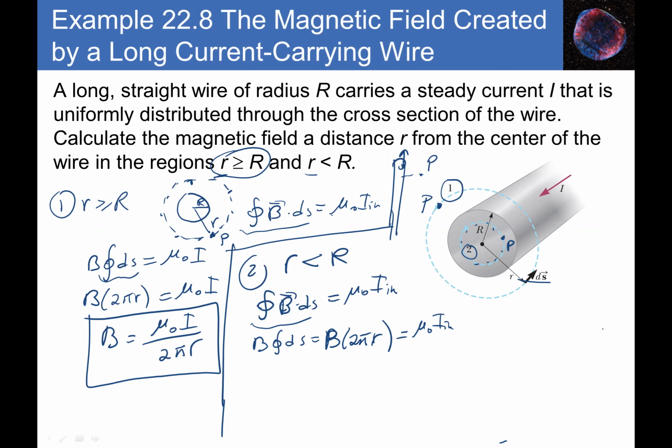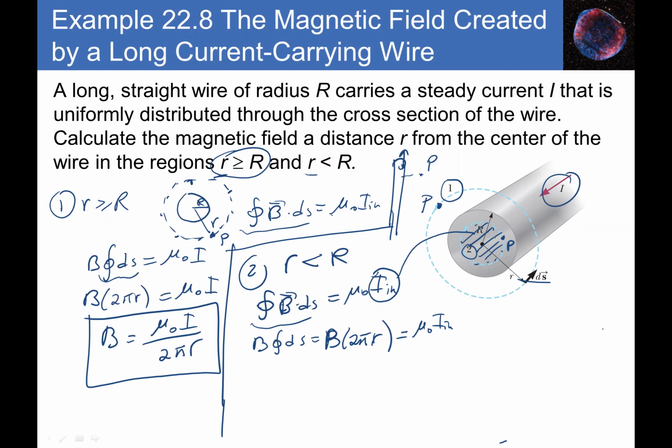Here's where we have to be careful, because this is the current inside my loop. That means the current in this region, which you can see is not the same as the entire current. This I is for the current everywhere in this conductor, but the current inside my second Amperian loop is only the current through the loop that I have.